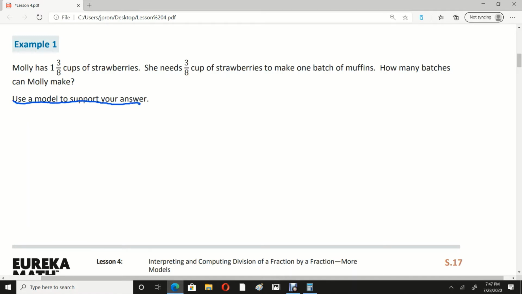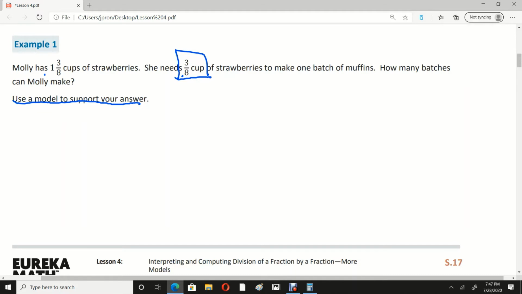Well, let's go back and think about the way we used division in the last lesson to divide fractions. Since Molly needs 3/8 cup of strawberries to make a batch, they're asking us how many 3/8 cups of strawberries do we have?